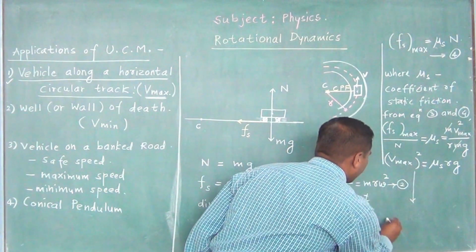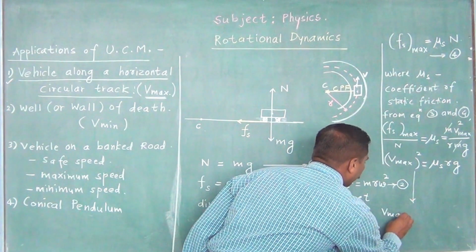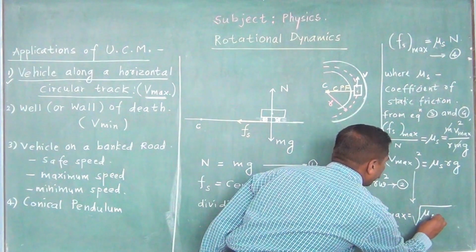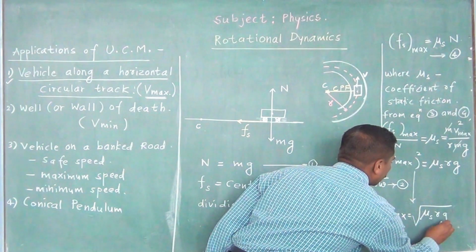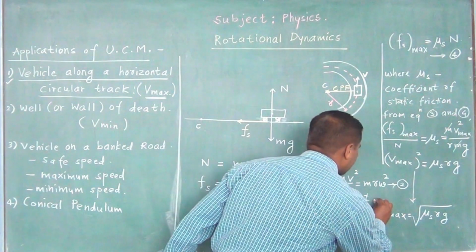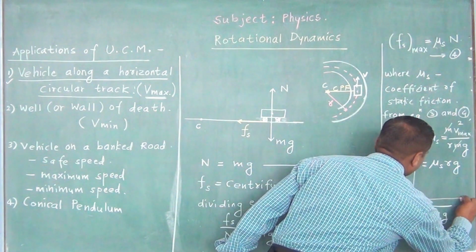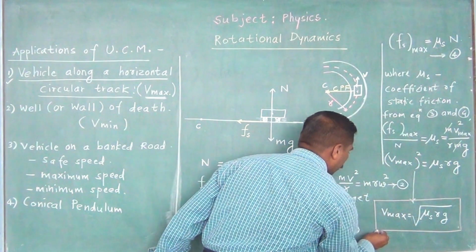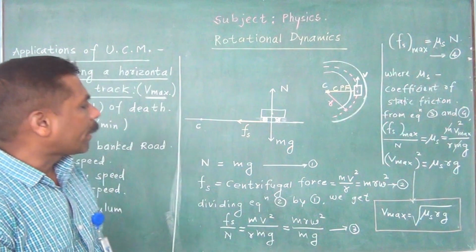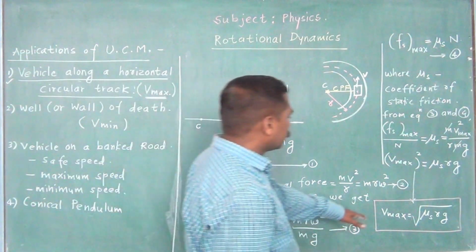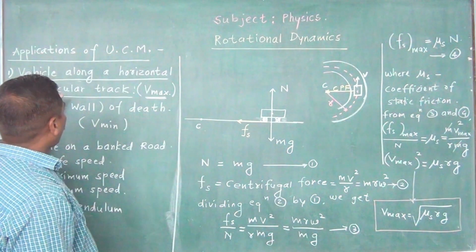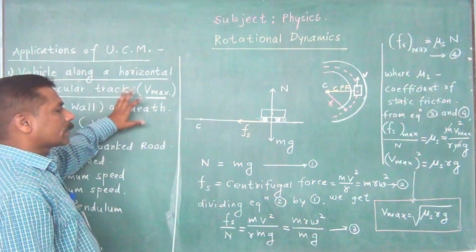So you will get the final relation, V max is equal to under root of mu s r into g. This is a very important relation, and by using this we can find out the maximum speed of the vehicle along this horizontal circular track.